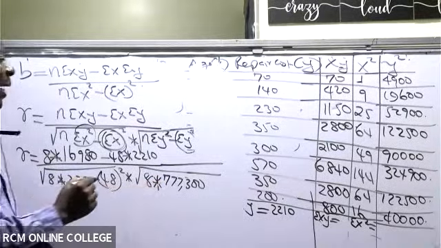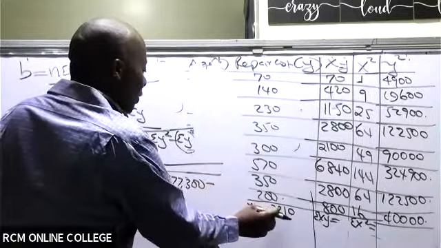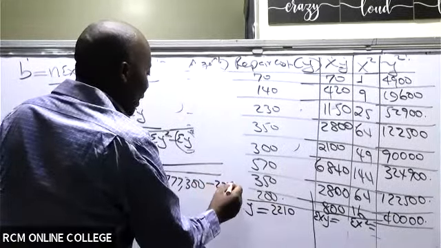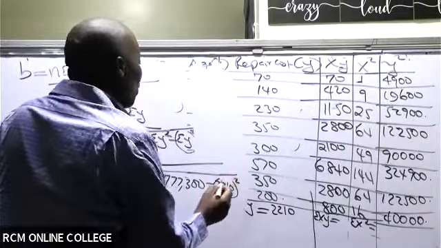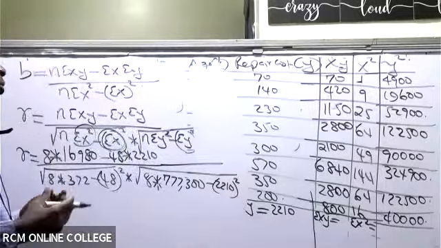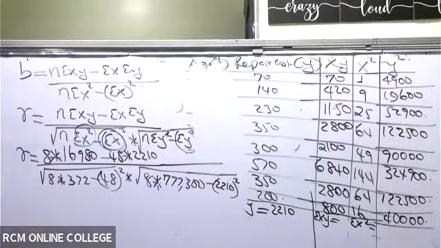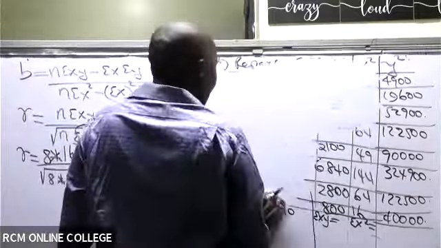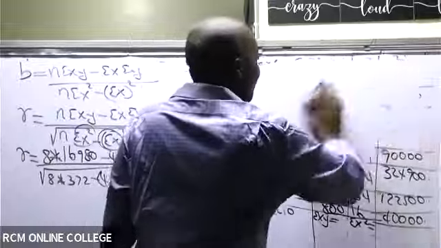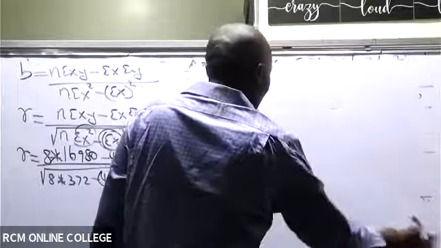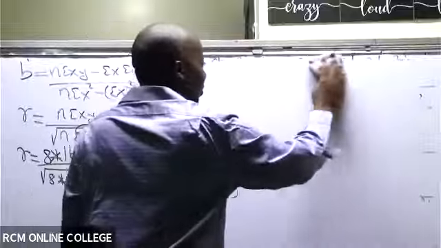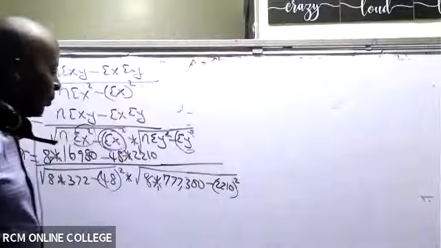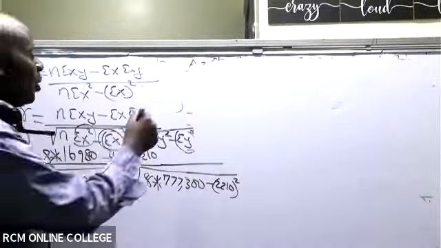Yes. Minus summation of y that I have here, 2210. Now you square this. It may look big, but trust me, it's useless. It's a very simple thing. So then my R will be equal to what?